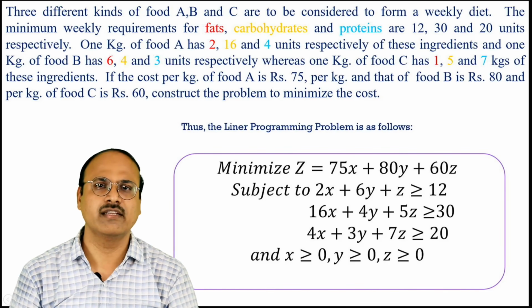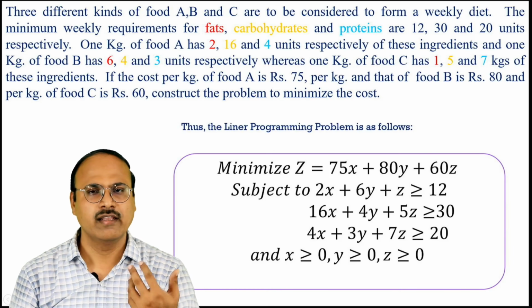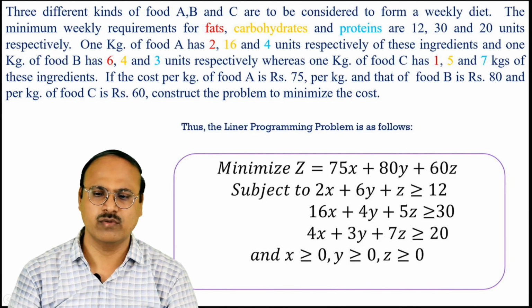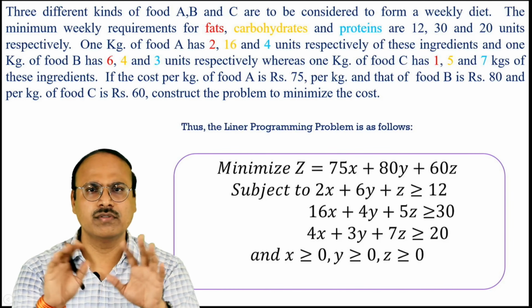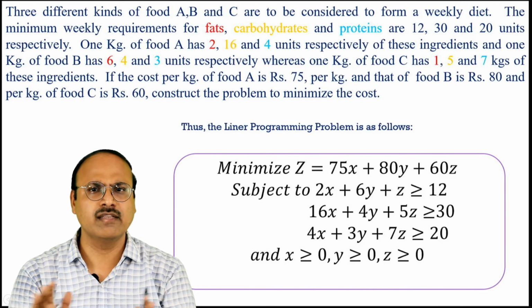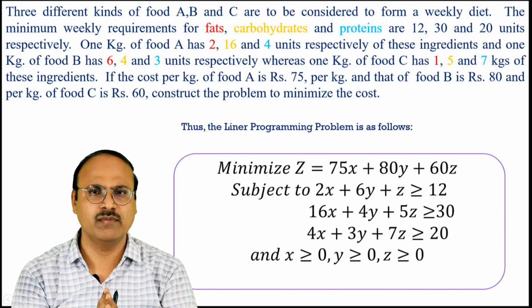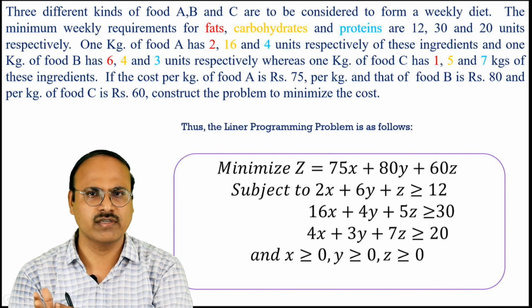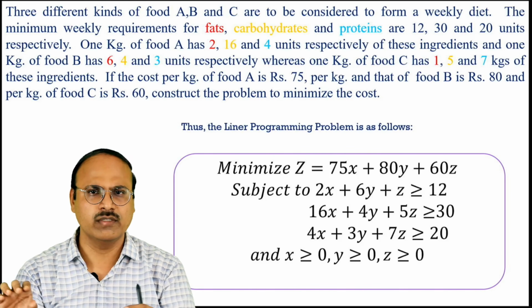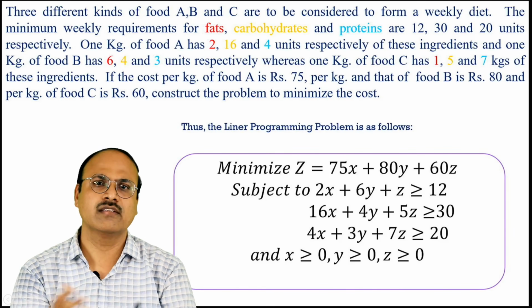Obviously, the non-negativity conditions are going to be there: x greater than or equal to 0, y greater than or equal to 0, z greater than or equal to 0. So these are the two examples which we have discussed, and in this similar manner you can formulate the LPP by considering the objective function, by making the table and then writing down the inequations. These are the constraints. The third part is the non-negativity conditions.